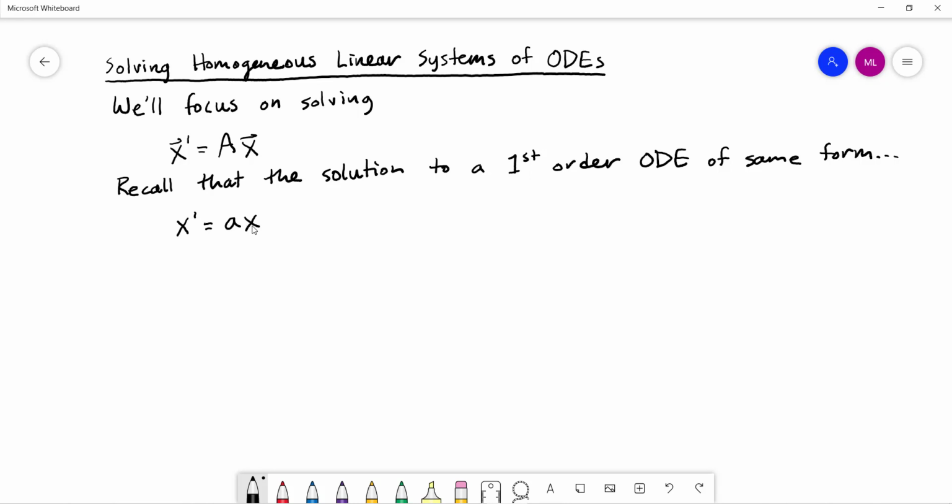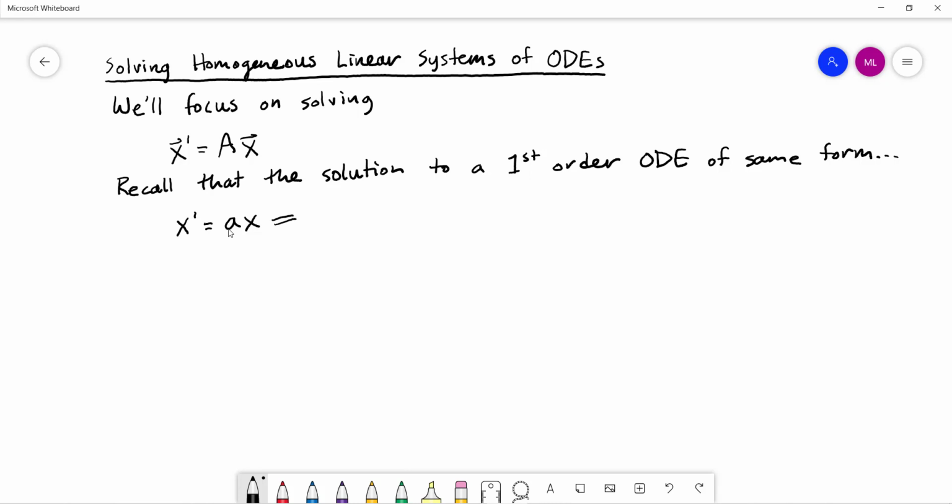Because we're not dealing with vectors, we don't need a matrix here. We just have some constant. Essentially what we're asking is, what is a function x where that function itself and the derivative of that function are equal to each other up to some constant?